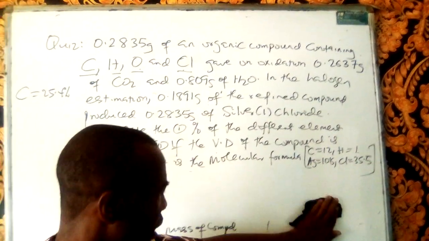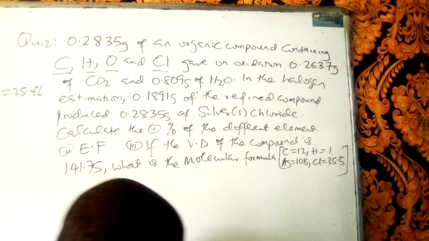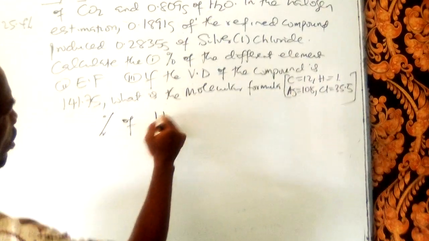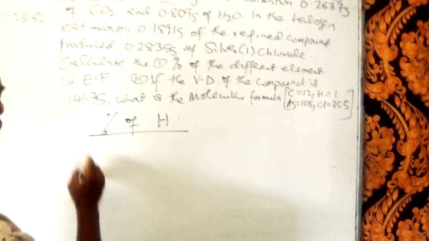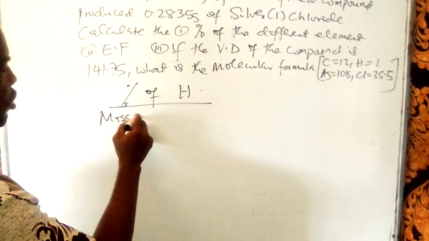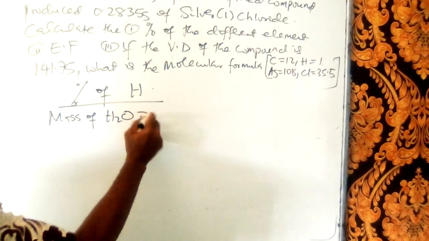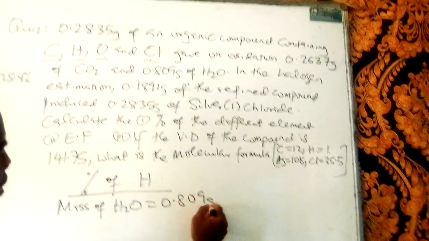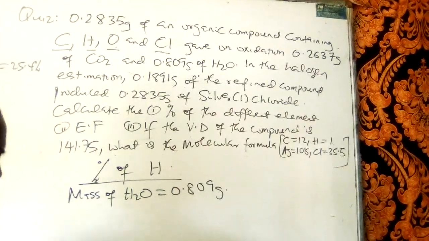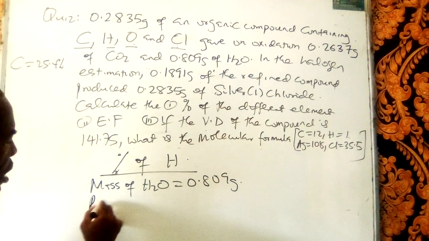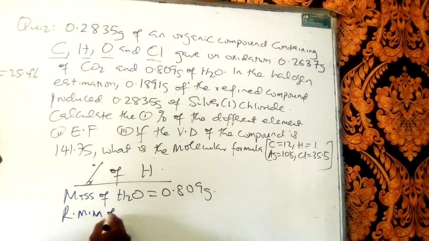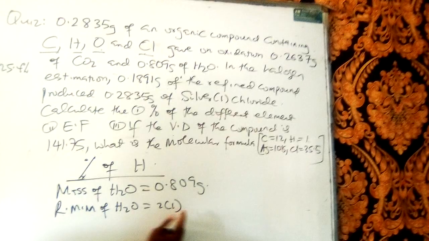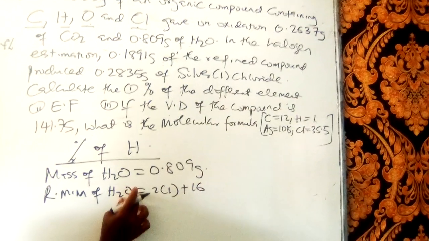So to find the percentage of hydrogen, the same procedure. Say percentage of hydrogen in the compound. Now find the mass of water produced, because hydrogen is found inside water, of course, which is 0.809 gram. Then the relative molecular mass of water will give us 2 times 1 for hydrogen plus 16 for oxygen.